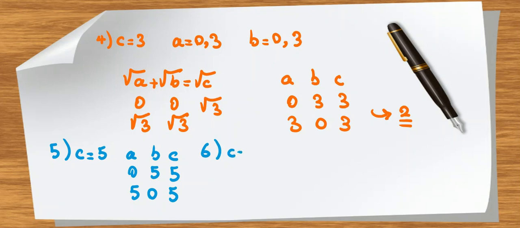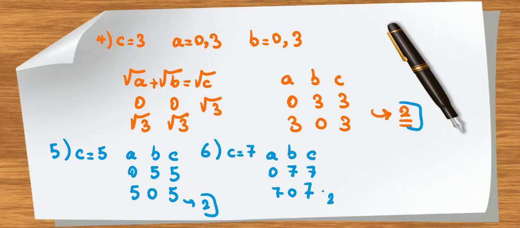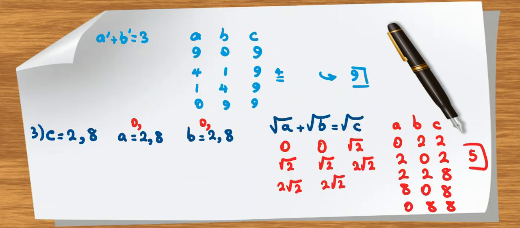For the next case, C is 7 again. A, B, C can be 0, 7, 7, and 7, 0, 7. 2 answers here, 2 answers, 2 answers. For C 8, we've calculated 8 with this. For C 9, also we've calculated.